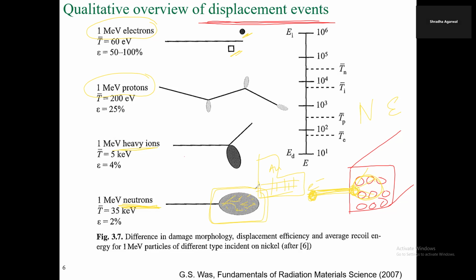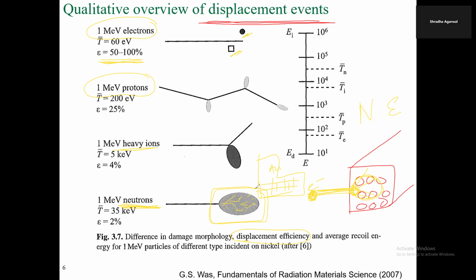So tomorrow I can give you a question: will electrons and protons have a large amount of DPA? And you will have an answer: no. And then there is a term called displacement efficiency. Displacement efficiency is that, here I sent an electron, and with whatever energy this little electron had, it is able to create a displacement event.